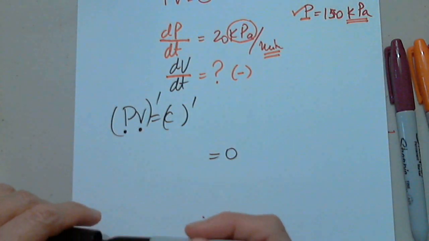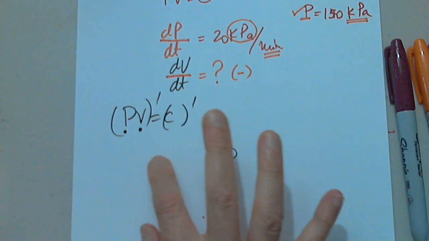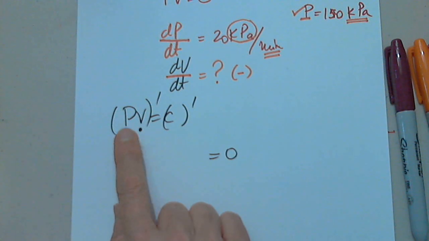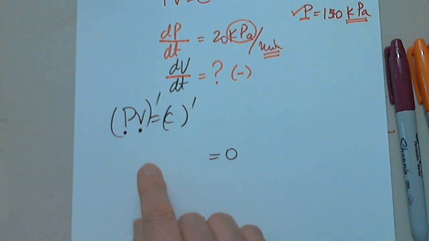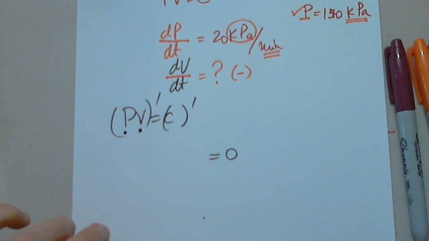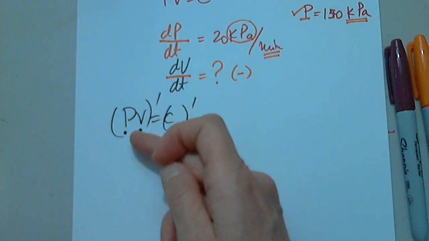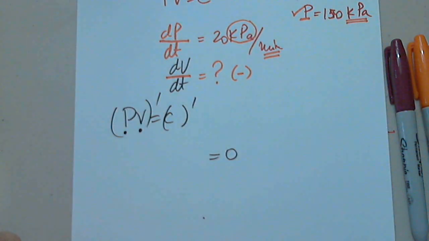Anyone wants to try? P times V, knowing that both of them are functions of time. What do I write? Can anyone tell us what rule we apply here?